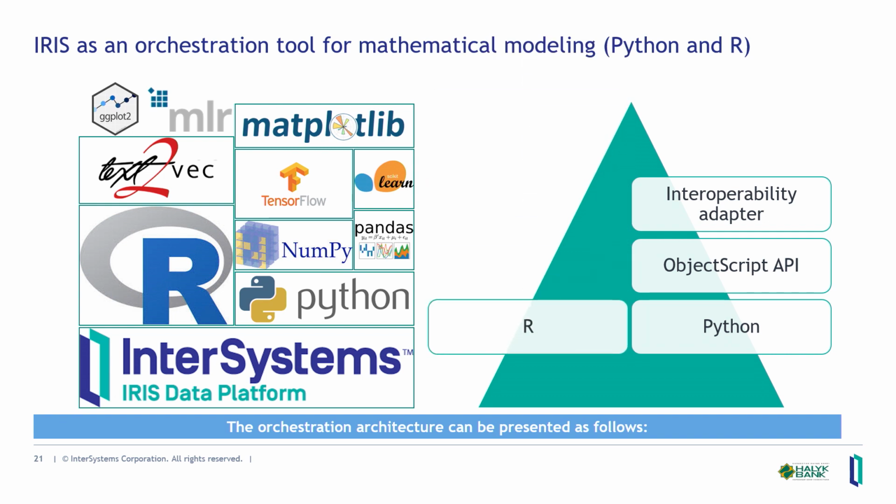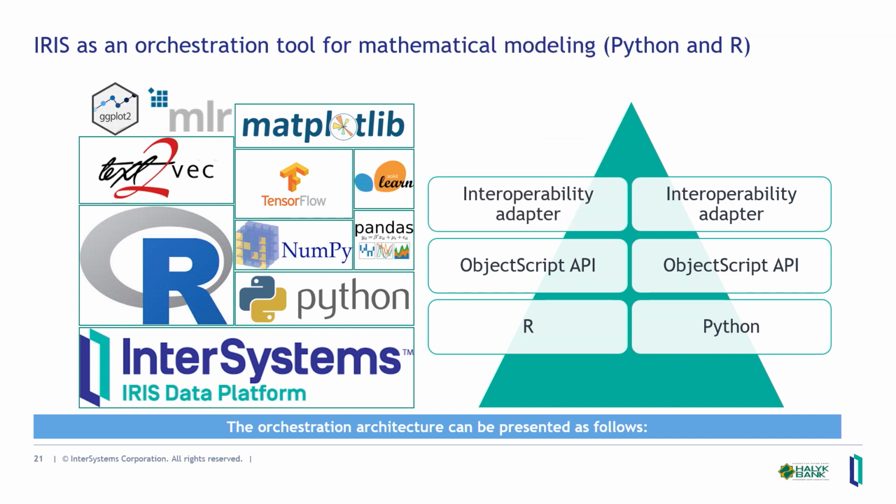For R, we have a similar architecture. We have R, we have the ObjectScript API, which you can use directly without interoperability, and we also have an interoperability adapter. That's what it looks like. It's available on OpenExchange. There will be a link later in the presentation, and in your event app you have PDFs which you can download and follow later.